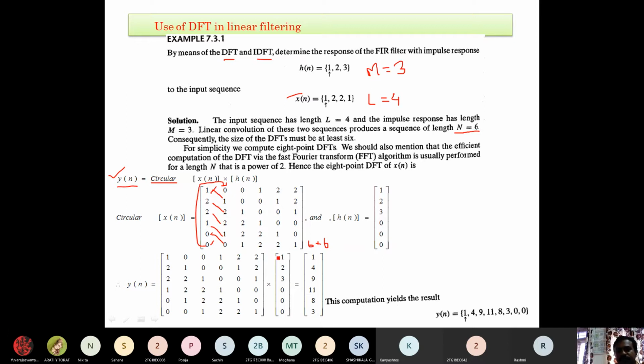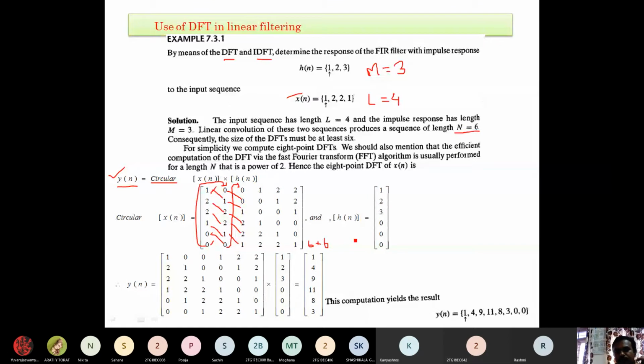Similarly, third column. How to get that one? The previous column's bottom bit is going to be shifted to the first element in the third column, and the remaining bits will be shifted accordingly. Okay, like this. You need to shift these things.